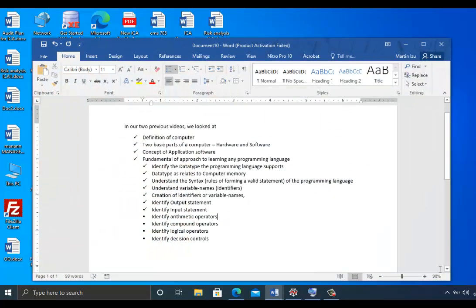In the previous two videos, we looked at the definition of a computer as a general purpose device that can be programmed to carry out arithmetic and logical operations. Then we also looked at the basic parts of the computer, the hardware and the software.